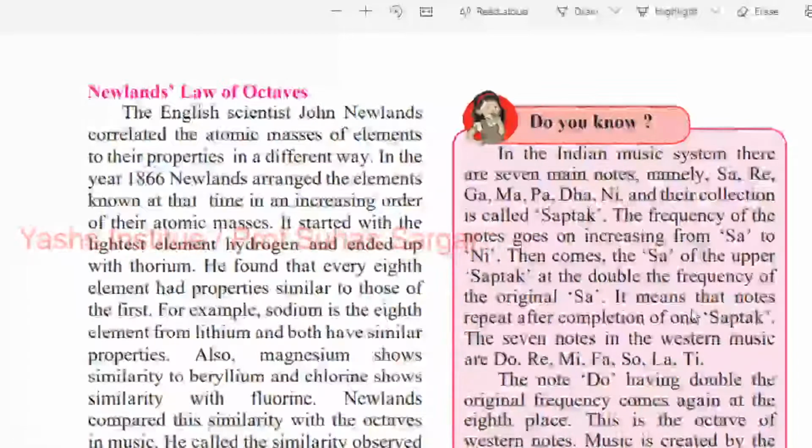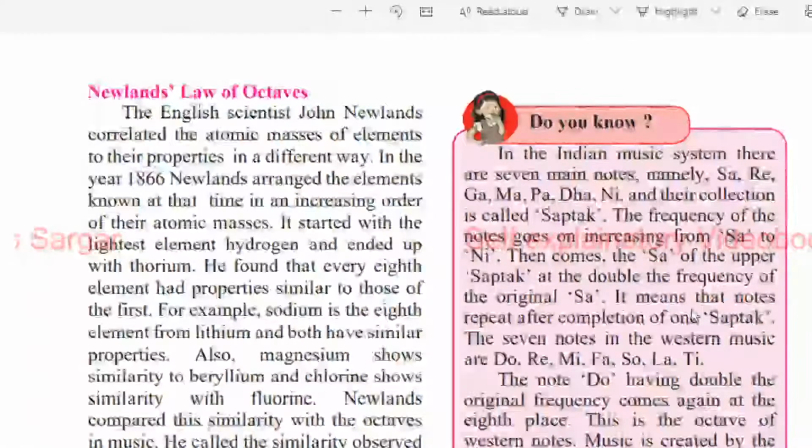In the year 1866, Newlands arranged the elements known at the time in increasing order of their atomic masses. It started with the lightest element, hydrogen, and ended with thorium. He found that every 8th element had properties similar to those of the first.